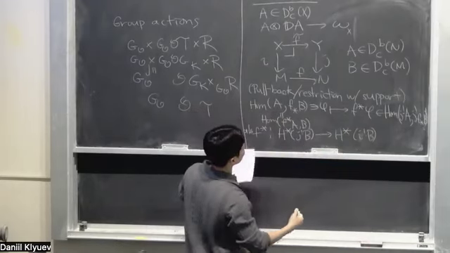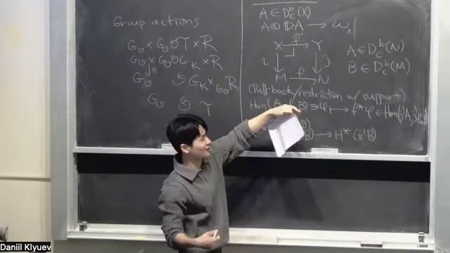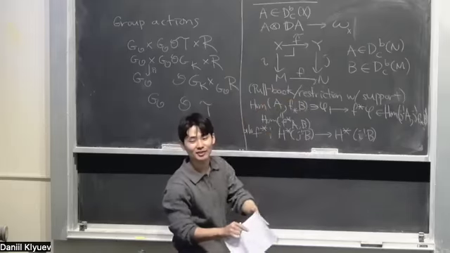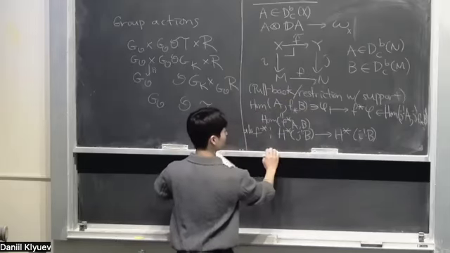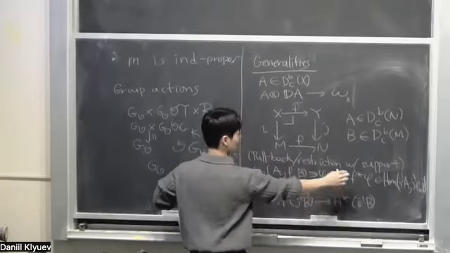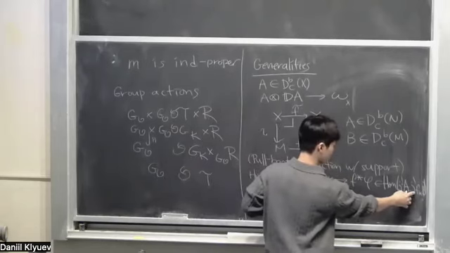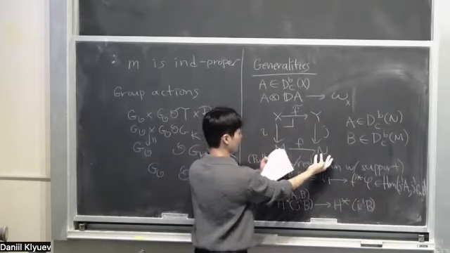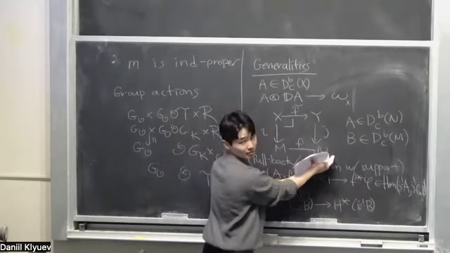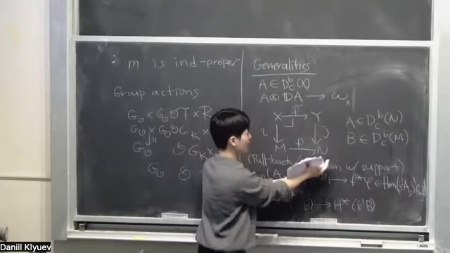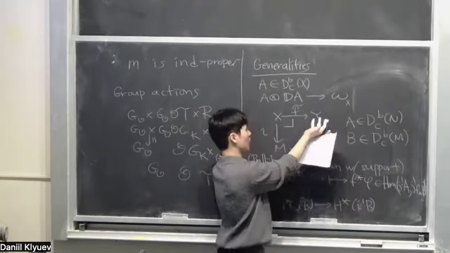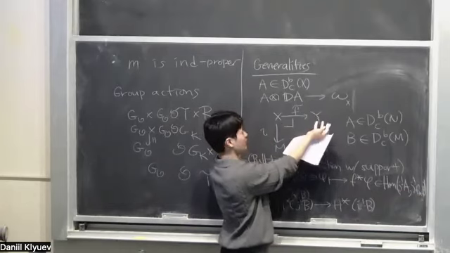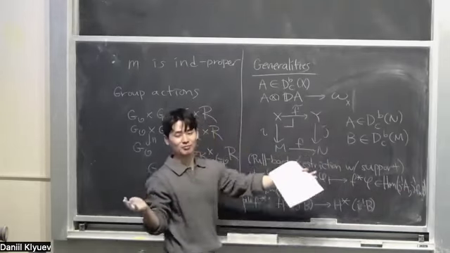It's some natural construction. So what's happening is I have an object here and here. I have a map between them after push forward, and I want to get some map over here, upstairs, after push forward and pull back.